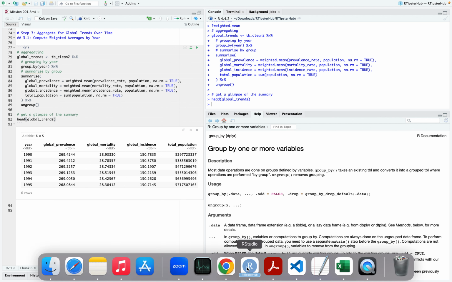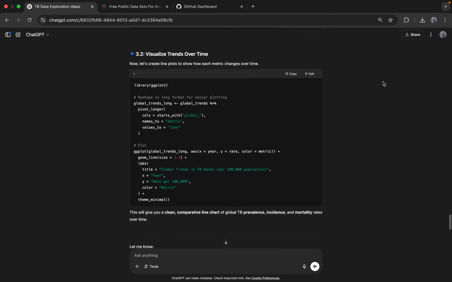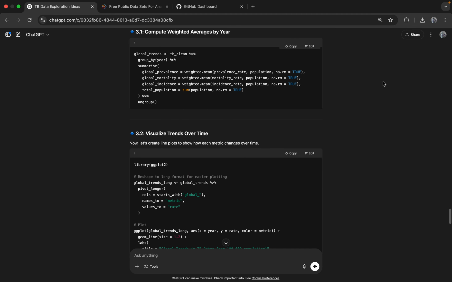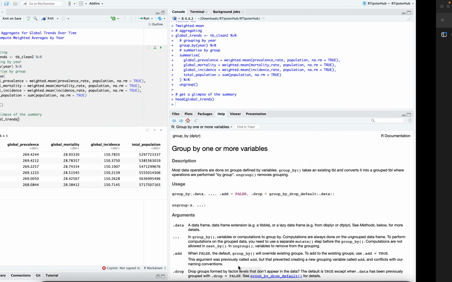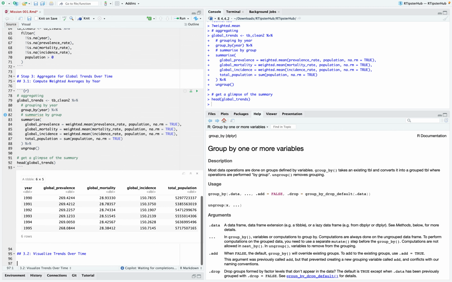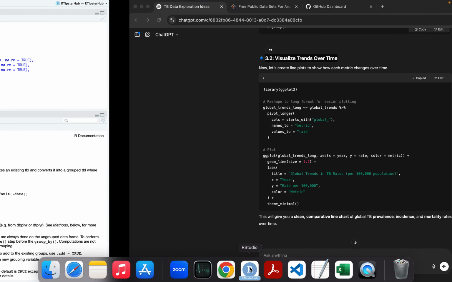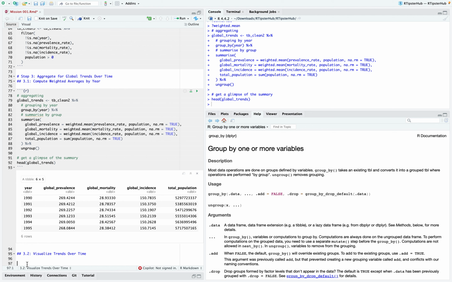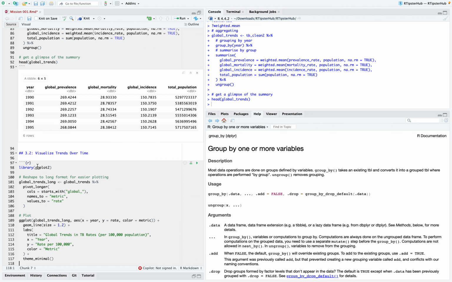So we go back, and we've done the weighted mean. Now we go to visualize trends over time. Okay, so visualize over time, and then we copy this, create a new chunk, and paste.